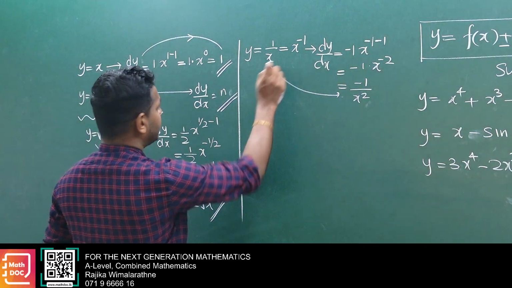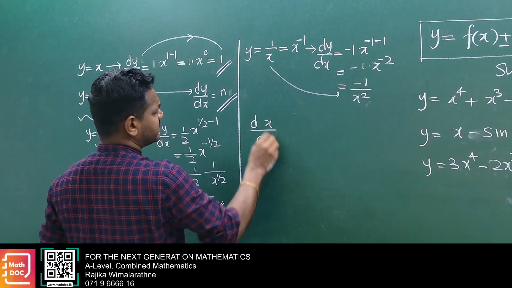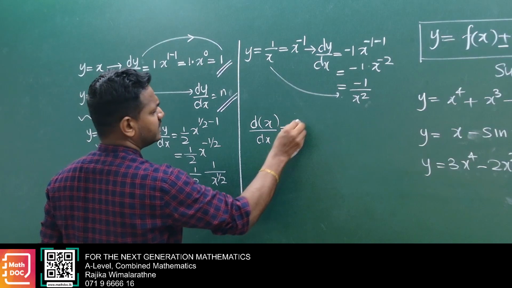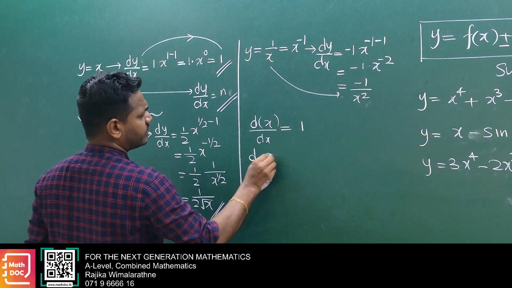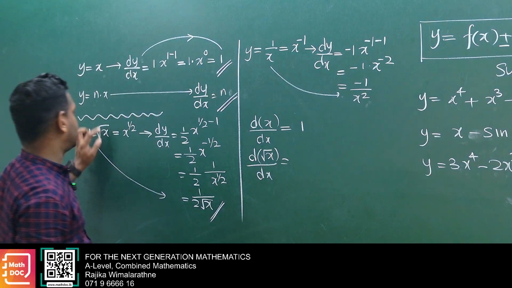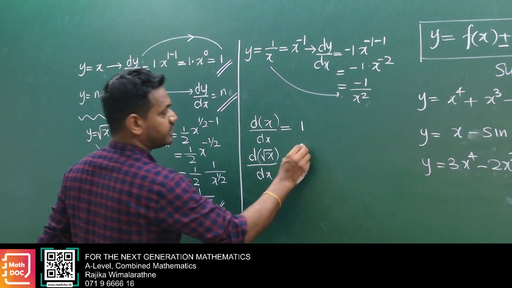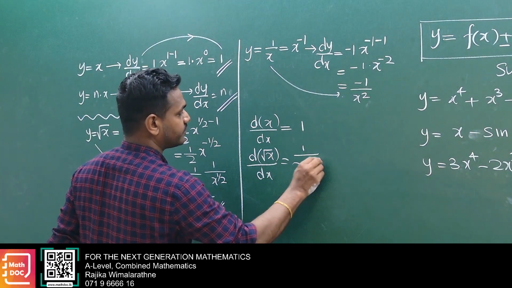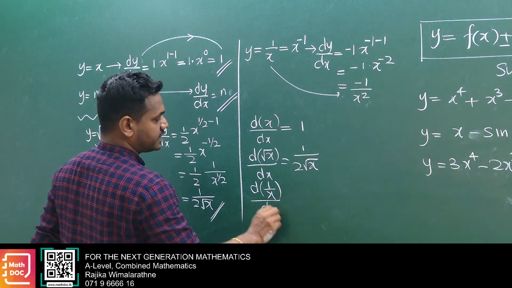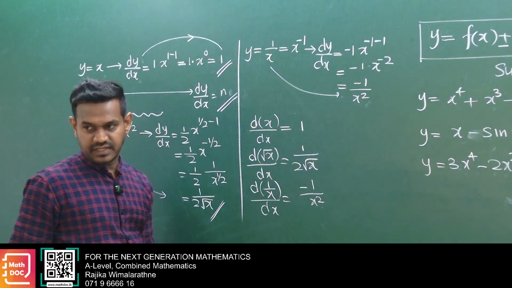Okay, then dx over dx, here the function is x, no, dx over dx is 1. d root x over dx, instead of y I have put root x, you say 1 over 2 root x. d of 1 over x over dx, remember minus 1 over x squared.